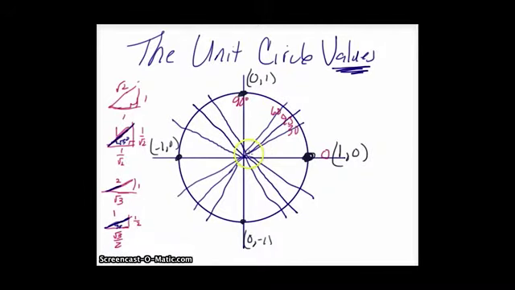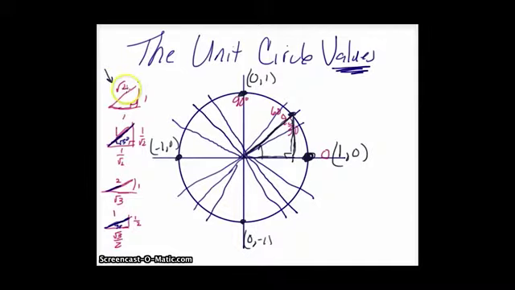Okay, now let's go to the 45 degrees. You see this angle is 45 degrees. And by the way, if I put a point there, don't I have a right triangle? Now, we already know that a 45-degree right triangle looks like this guy over here.